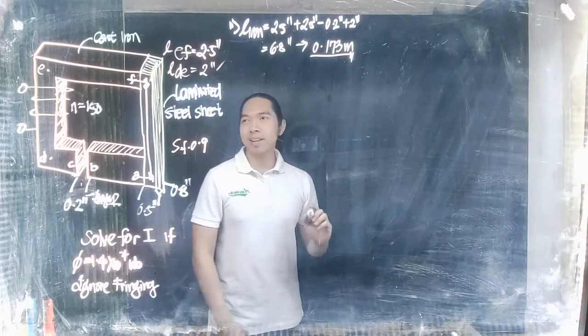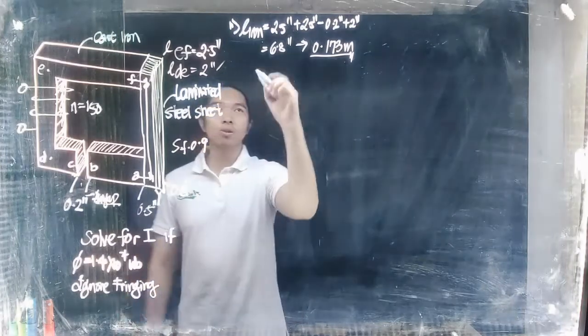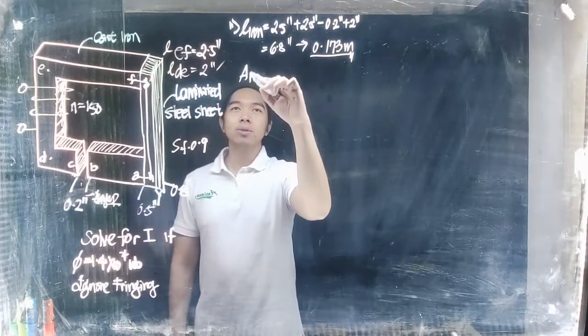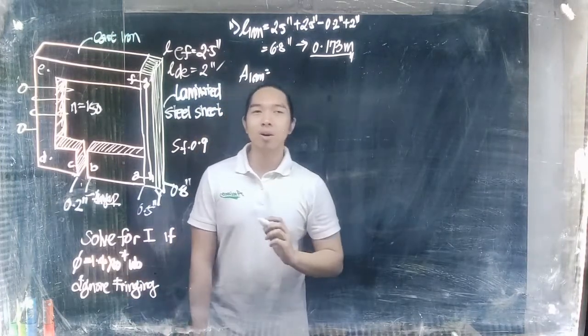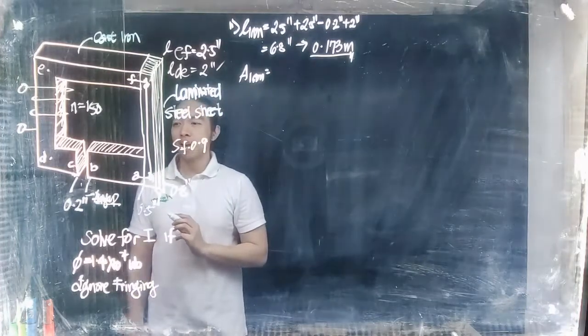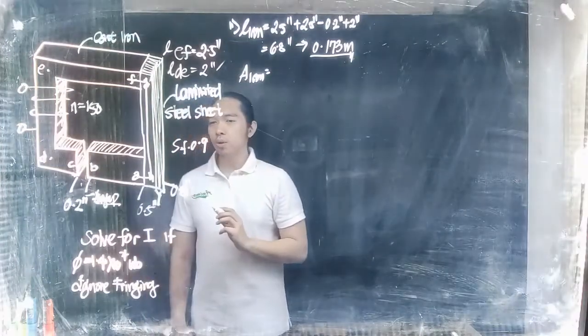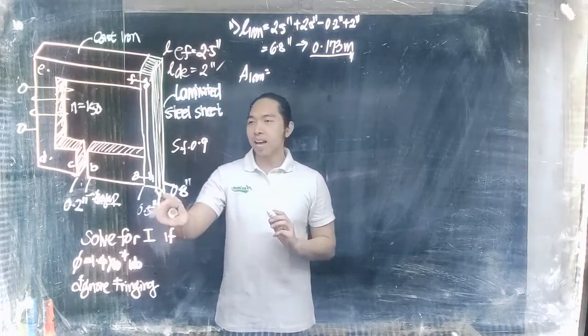What would be our next step? Let's now find the cross-sectional area of the iron part. How do you solve for it? That would be equal to 0.5 times 0.8.